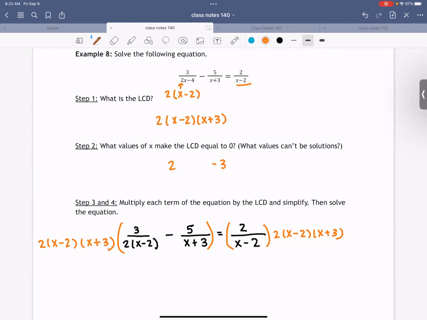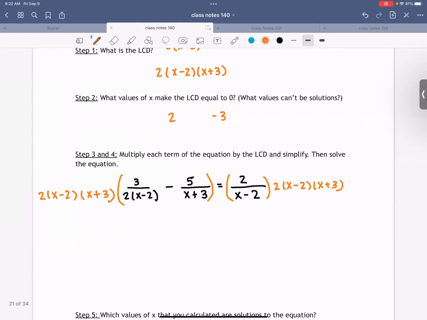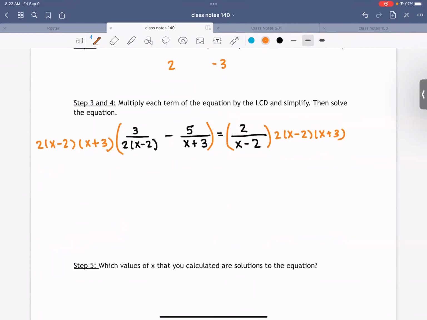Now we're here. If you feel pretty comfortable skipping a couple of steps in your head, go ahead and do that. But I feel like a lot of people get a little tripped up when they get to simplifying this. So I'm going to take this step by step. You can do the steps if you want, but if you feel more comfortable skipping them, go ahead.